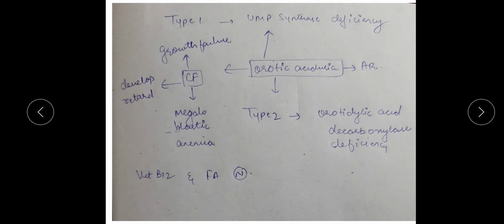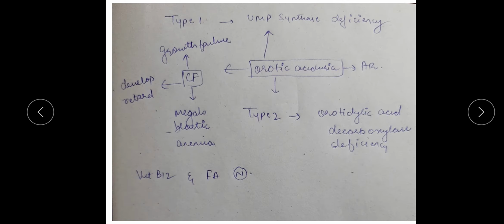Now let us discuss some diseases, like orotic aciduria. Let us come back here. With UMP synthase deficiency, orotic acid is not converted into UMP, so orotic acid is increased.